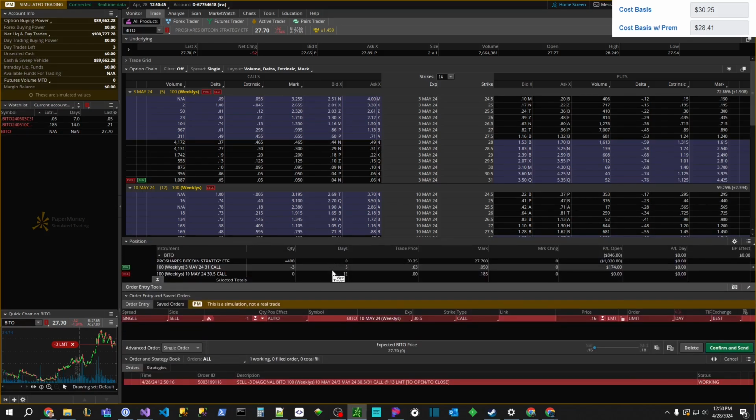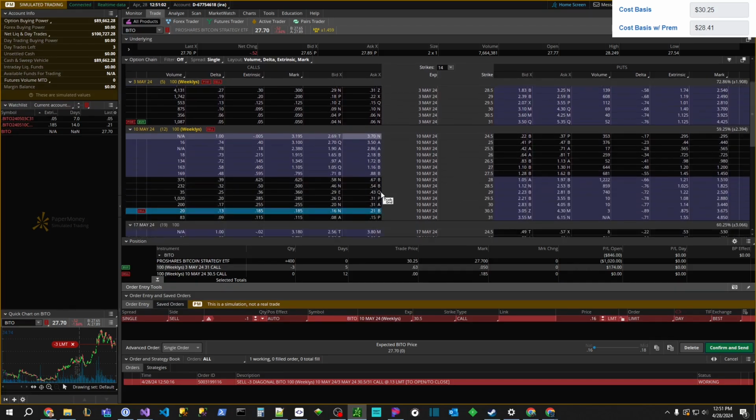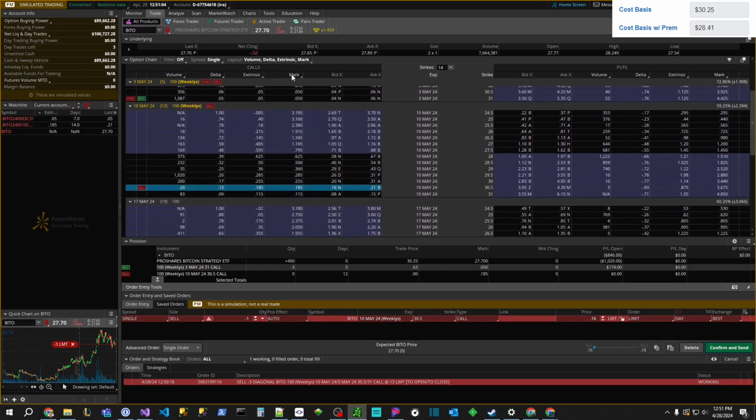So we left click on the bid right here. So that's 1 contract and it's May 10th and it is the 30.50 call, because again, our cost basis is only 30.25. So we just have to go up to the next available strike, which is $30.50 in this scenario. So it says 16 cents, but remember, we should be able to get the mark, and the mark is 18 cents. So let's bump this up to 18.